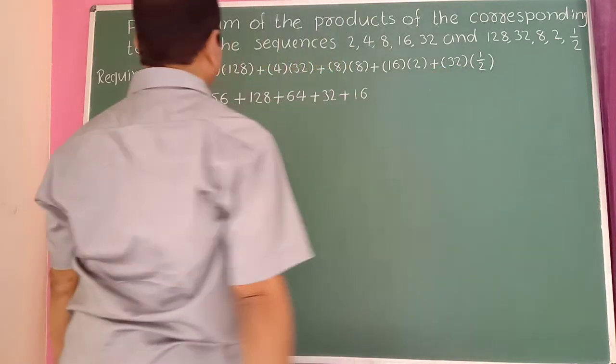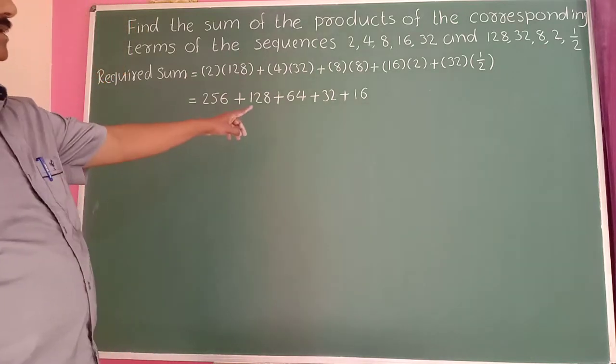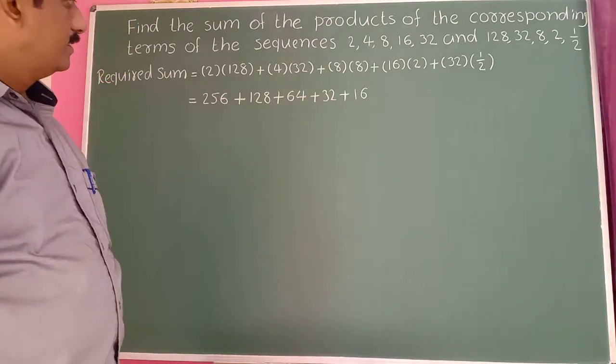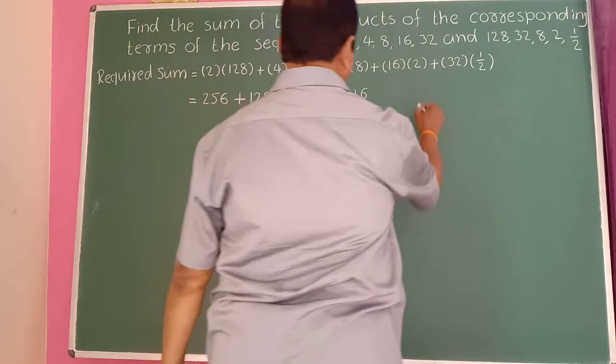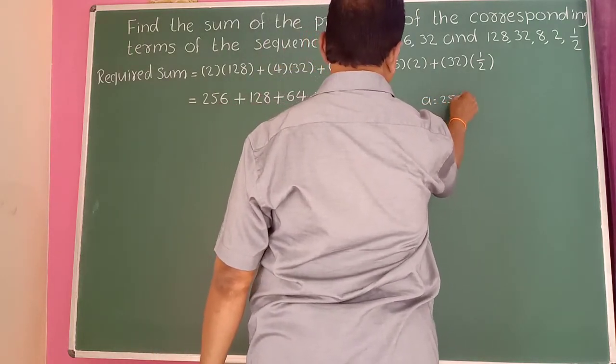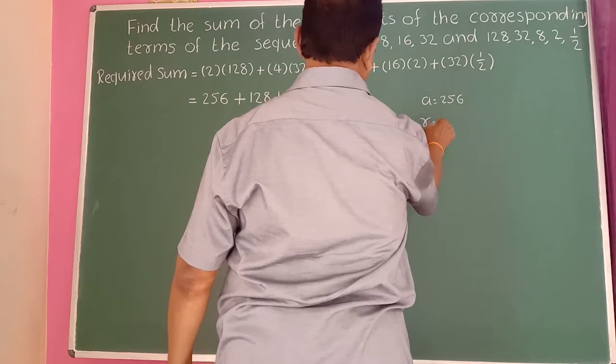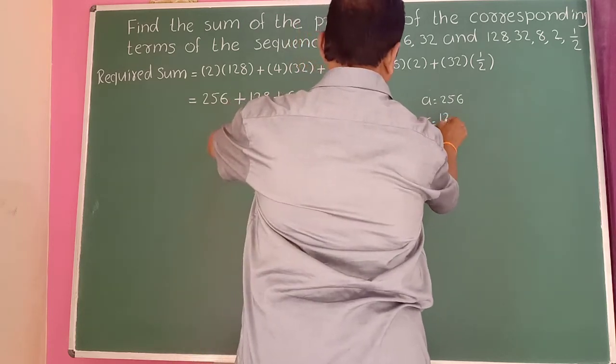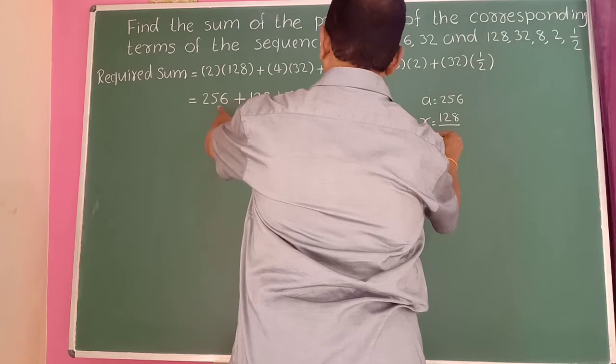So just observe here, they are in GP. Therefore here first term a is equal to 256, and the common ratio r is equal to 128 divided by 256.